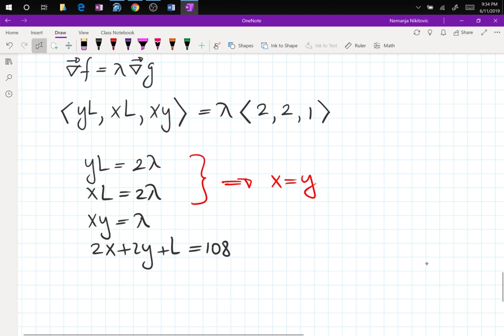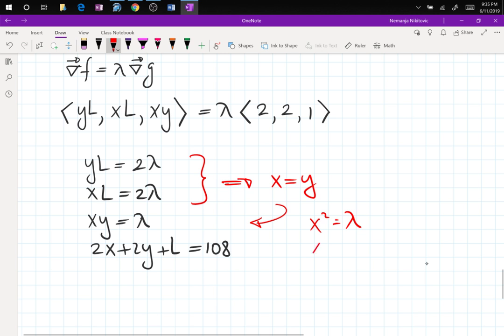Now, if X equals Y and you plug that in here, you get X squared equals lambda. So x squared equals lambda.